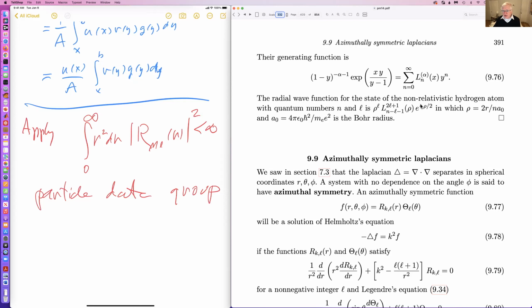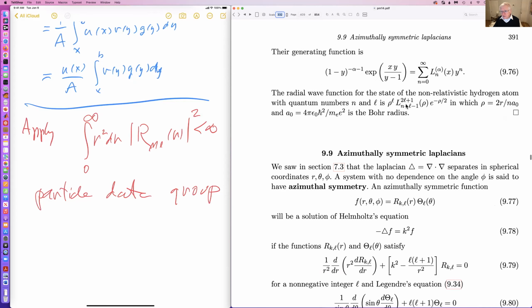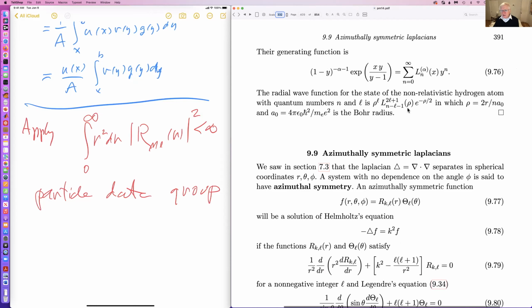And as I said, the radial function of the non-relativistic hydrogen atom is rho to the L, L, 2L plus 1, lower n minus L minus 1 of rho, e to the minus rho over 2, and rho is 2r over n a0, a0 being the Bohr radius, which is about half an angstrom, I think.